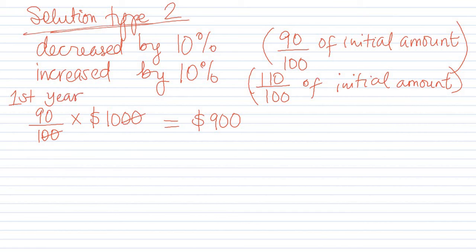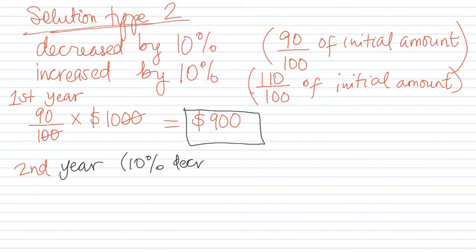Now the second year is going to be this new value, this new worth right here, right? So the second year, that's going to be another 10% decrease, right? Another 10% decrease is the same as saying 90% of 900.